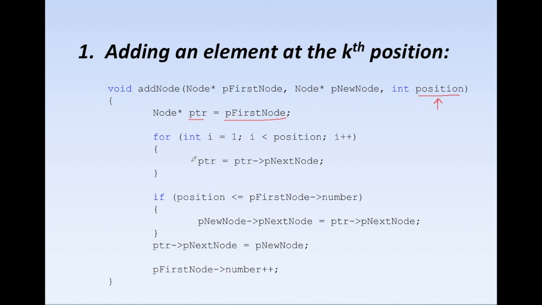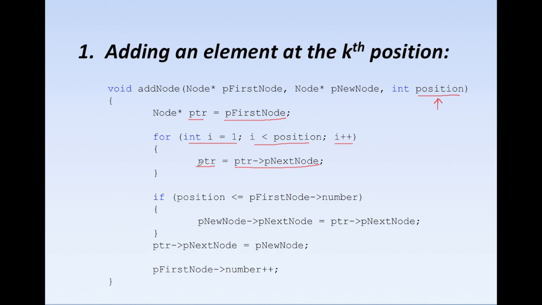Okay. Now for i equal 1, so we're pointing at the first element. i less than position, i plus plus. Pointer is equal to pointer dot P next node in order to go until we reach the position. How do I reach the position? Is it less than or equal to position, or is it less than position? So less than position, which means if position was 2, this pointer will be pointing to the next item. So this one is pointing to the element at 2.